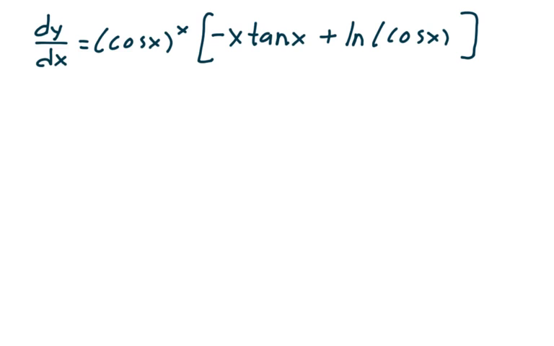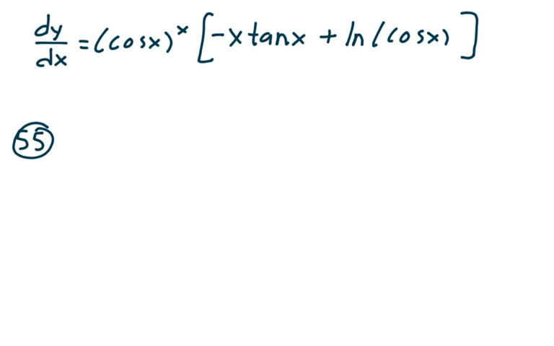Let's take a look at 55. They're all very similar in concept. Take the natural log of both sides, use properties, sometimes one property, sometimes multiple properties of logs to simplify the side that contains x's, and then differentiate both sides with respect to x.